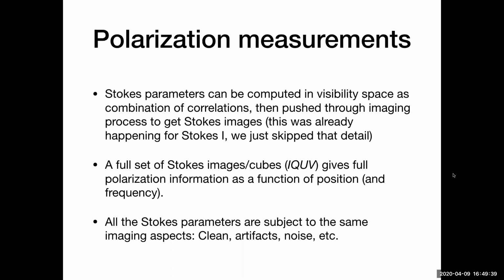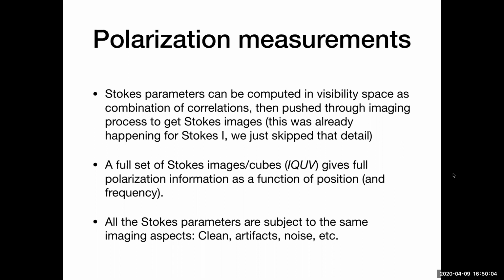Everything that I already discussed was basically doing this for Stokes I. The only additional complexity in terms of the imaging is that we now have 3 additional Stokes parameters, which give the full polarization information of the signal: the Stokes Q, U, and V. Most imagers have built-in options to let you do this.